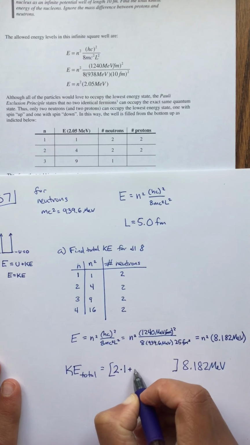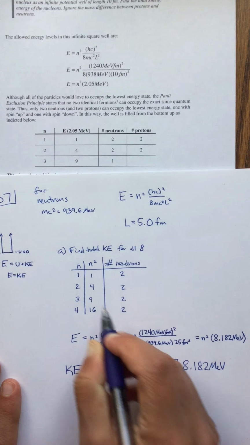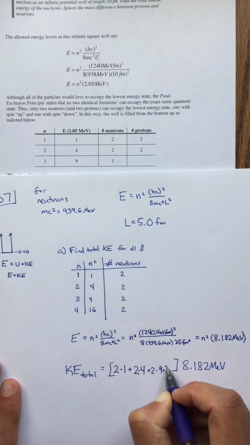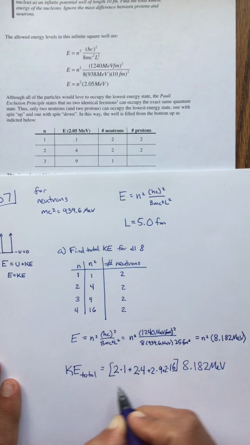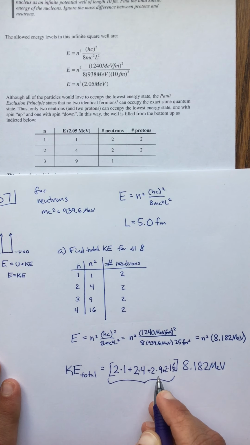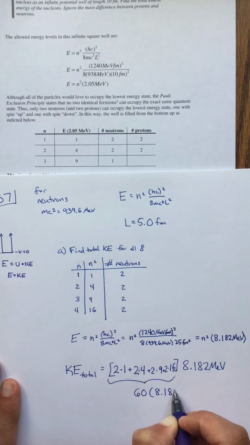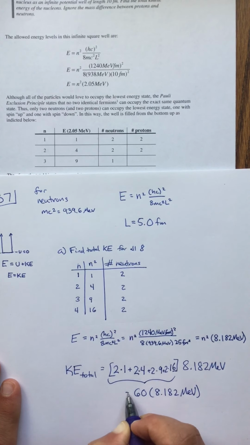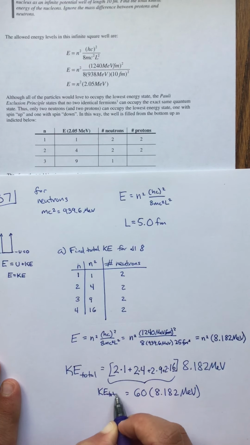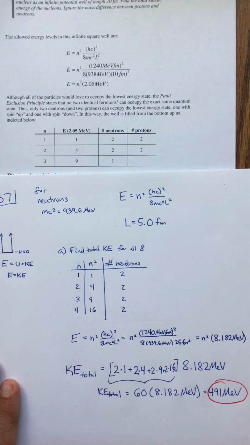For the next two, it's 2 times n squared, which is 4, plus 2 neutrons when n squared is equal to 9, plus 2 neutrons when n squared is equal to 16. What I have here, 2 times 1 plus 2 times 4 plus 2 times 9 plus 2 times 16, is 60. So this is 60 times 8.182 mega electron volts. This is the total kinetic energy for all 8 neutrons, and that gives me 491 mega electron volts. So that's my answer for part A.